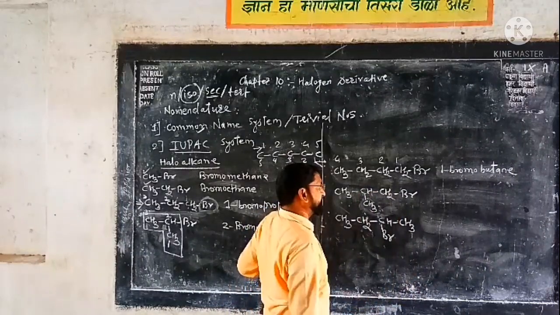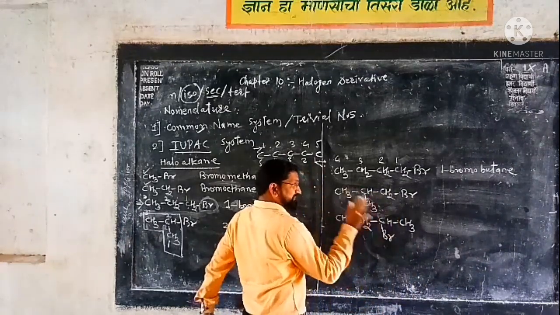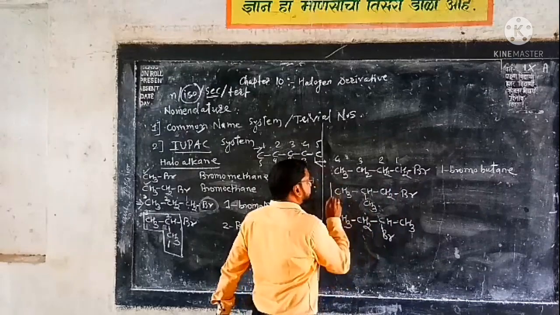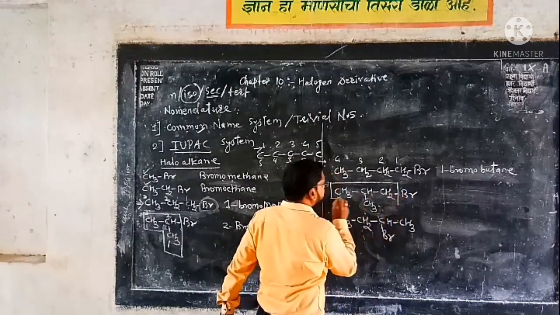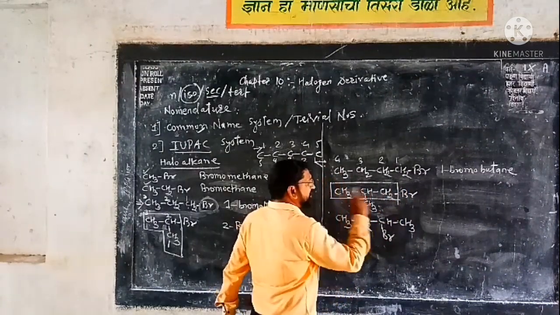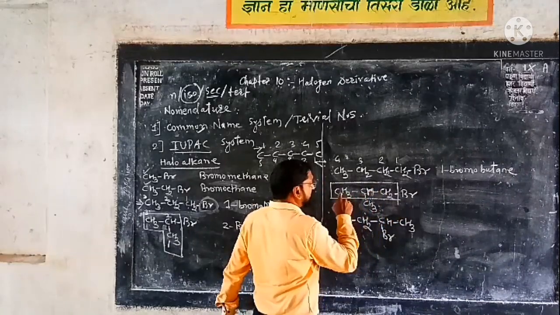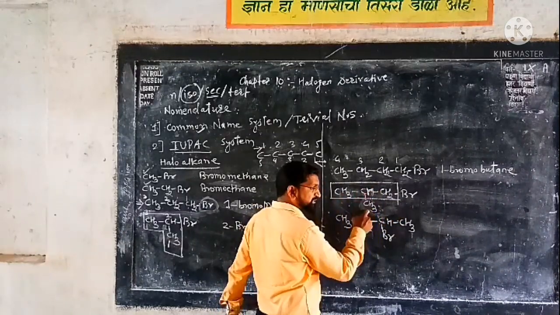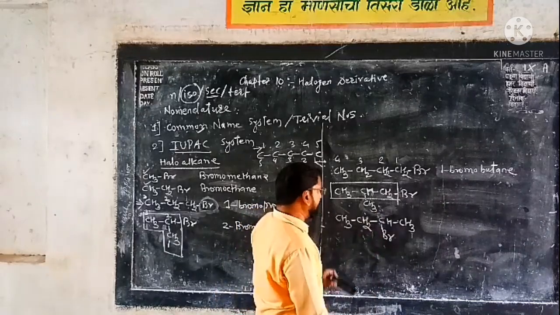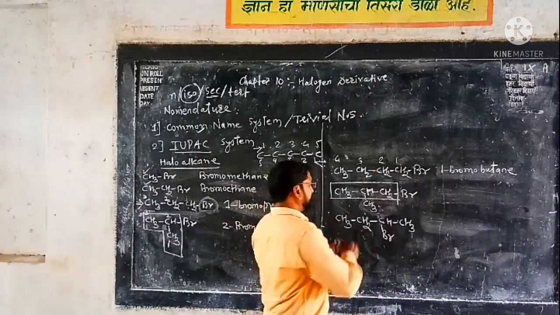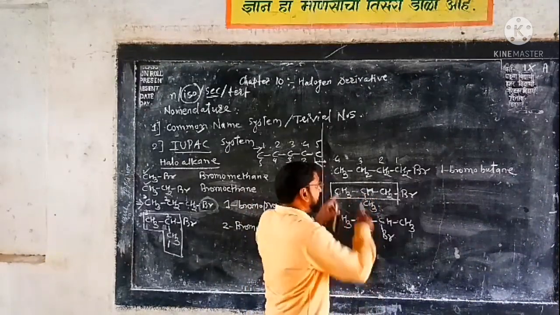After that, see here. Here there are two attachments. First consider the straight chain. So this is your straight chain. Remember carefully what I am saying. Or you can select in this way: 1, 2, 3. This is also a straight chain. Now here this chain is not possible.